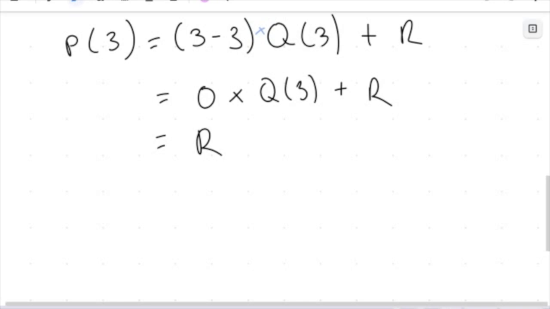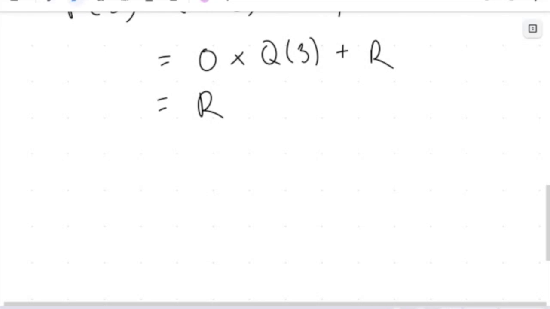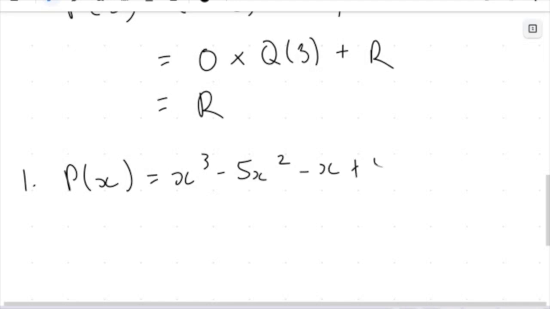So let's practice this for one example. Say we have some polynomial p of x equals x cubed minus 5x squared minus x plus 4.